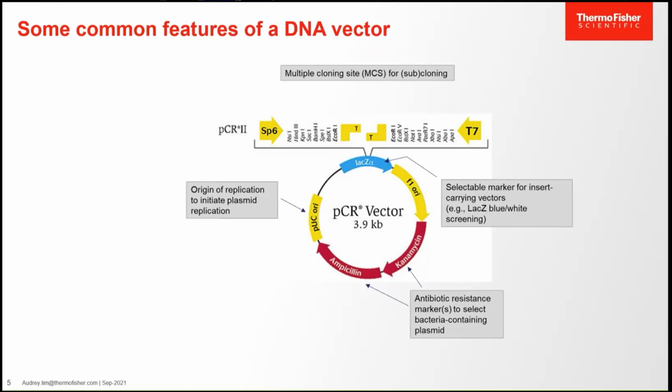By placing the multiple cloning site within the selectable marker, this will allow me to identify the bacteria that has taken up a recombinant plasmid. I will share more on selection later in this presentation.